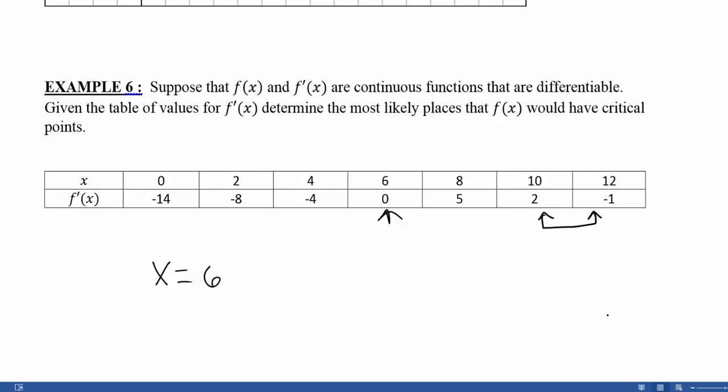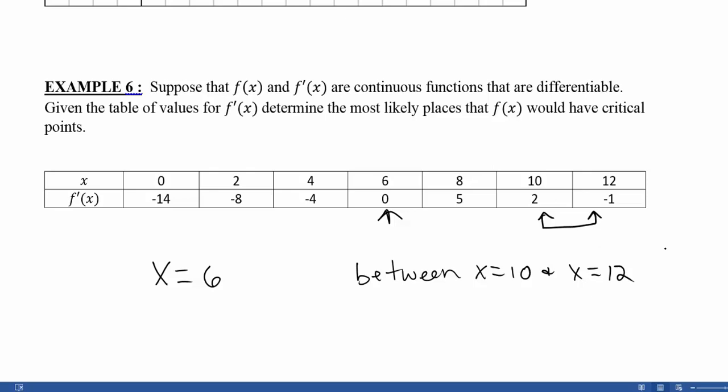It's not as precise as x equals 6, so I'm going to say over here, between x equals 10 and x equals 12. So it could happen at 10.1, it could happen at 11, it could happen at 11.4, but I know that somewhere between 10 and 12, I had to cross through the axis to change signs, so there has to be a critical point in there.